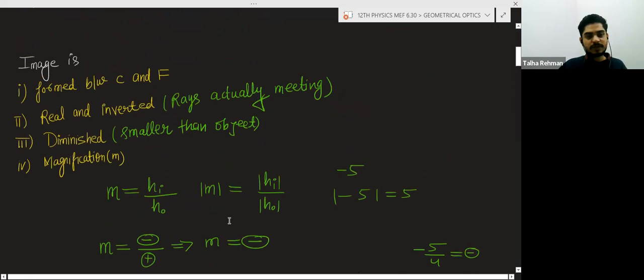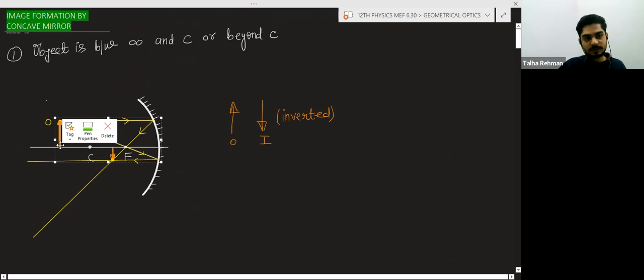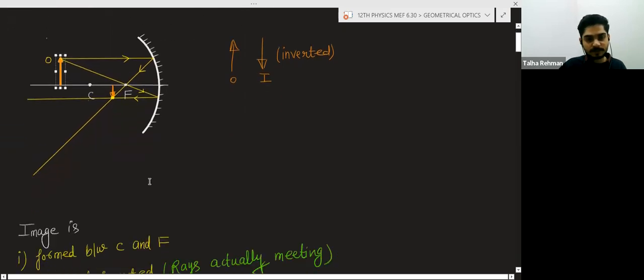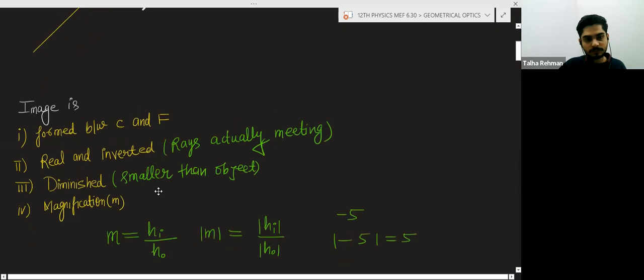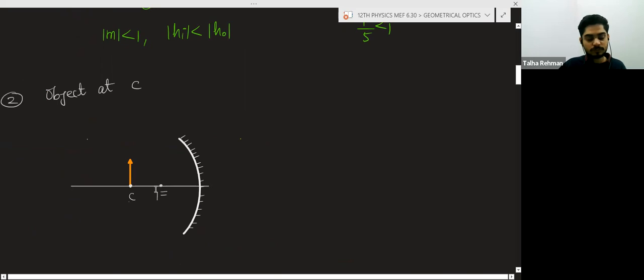Now another case. We have placed the object here. Now we will shift this object to the center of curvature, and we will see where the image will form, what will be the characteristics of the image, and what will be the size of the image. This is the object, and two rays will be required.